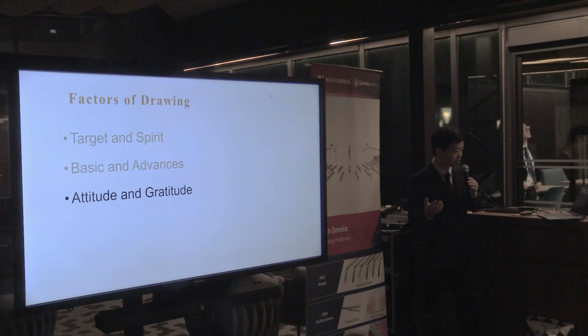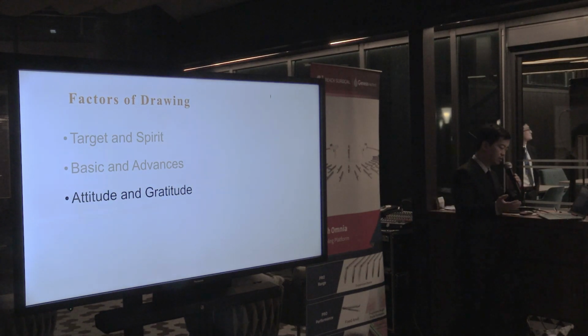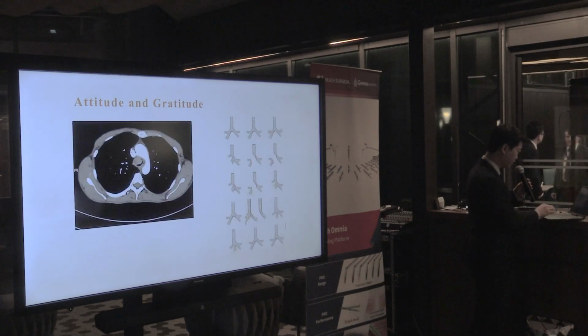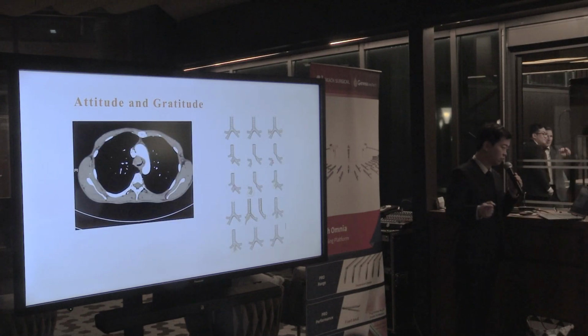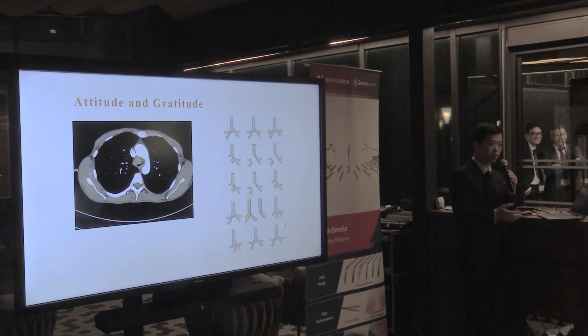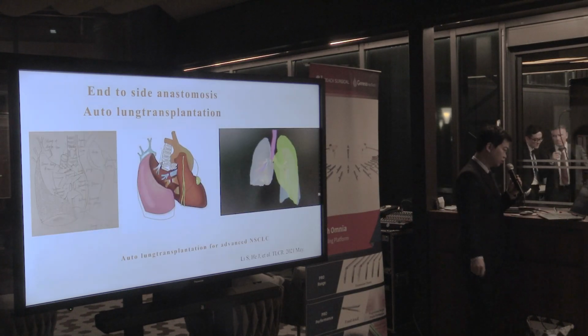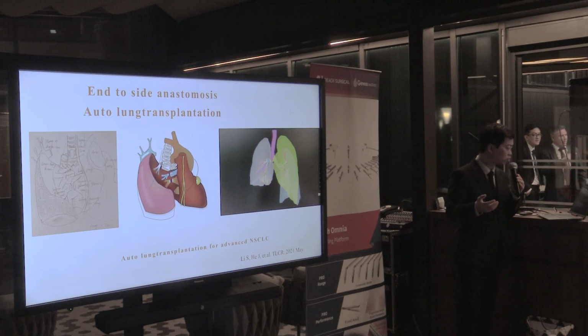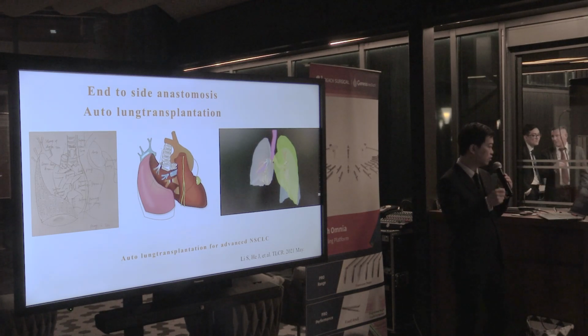Okay, I should also point out that besides these factors, we should have the attitude and gratitude of the drawing. Attitude and gratitude is especially important for the intern or the fellowship. So as we can see, we can complete the auto lung transplantation through the end-to-side anastomosis.